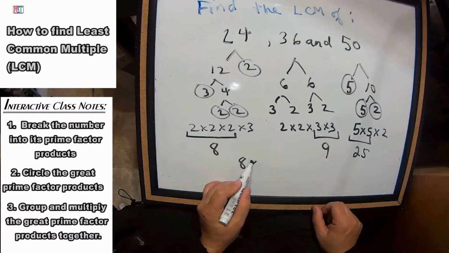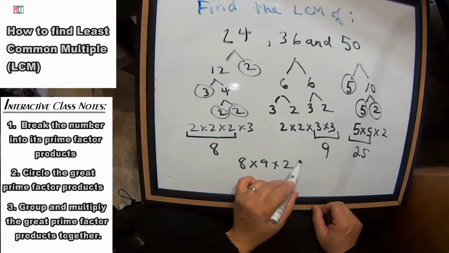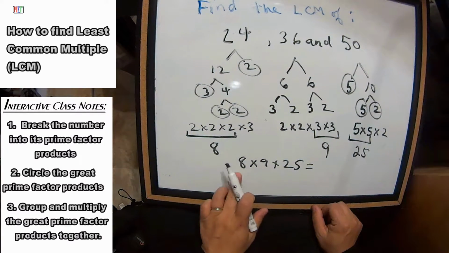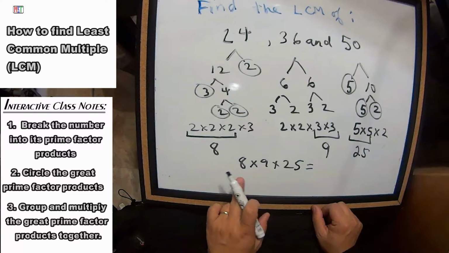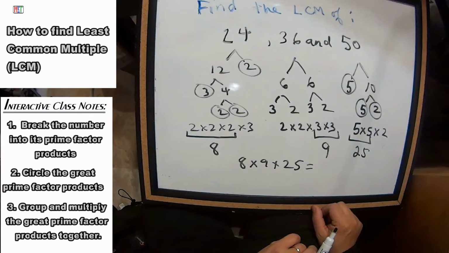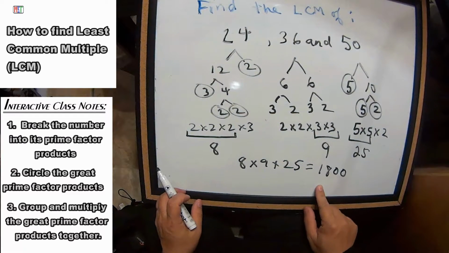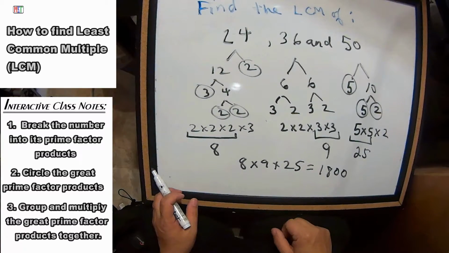Group them together, so 8 times 9 times 25. 25 times 8 will give you 200, times 9 is 1800. There we go. So the least common multiple of 24, 36, and 50 is 1800.